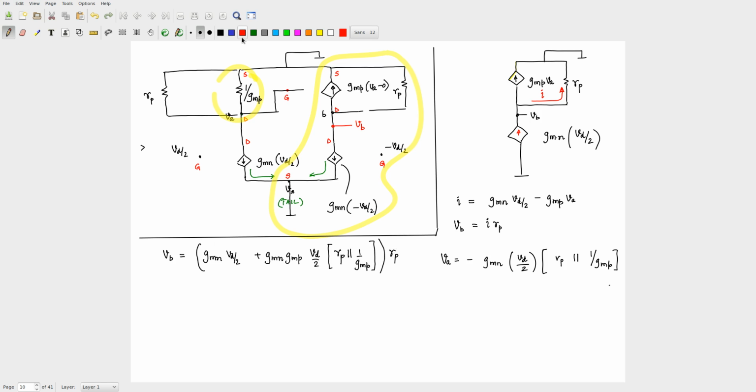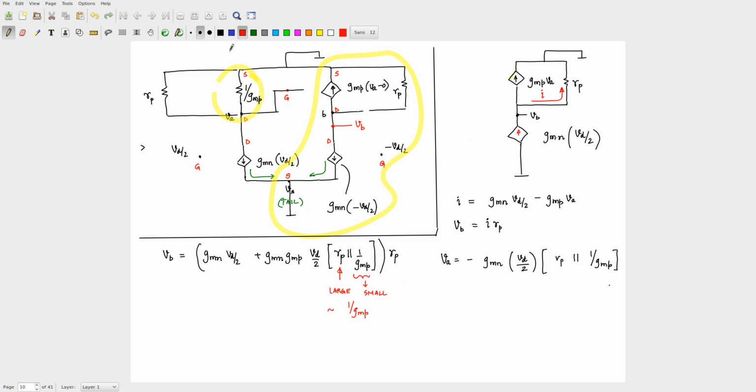If you realize RP itself is quite large, because it's the output impedance of a transistor, and GMP is also going to be large. So 1 by GMP is actually going to be small. So you have a large quantity in parallel with a small quantity. So this entire thing is approximately equal to just 1 by GMP.